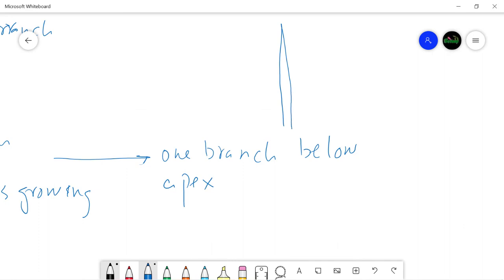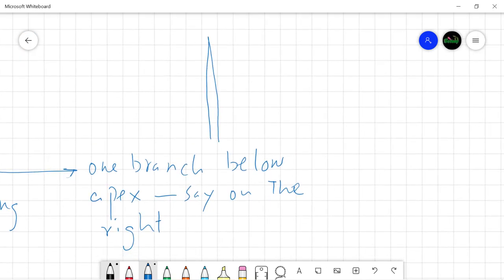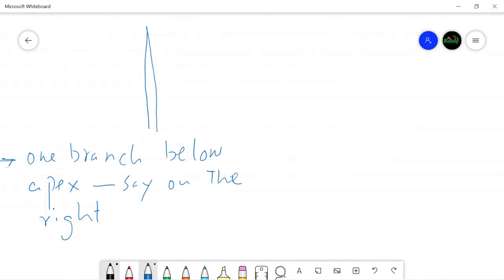Now this branch can be given off either on the right side or on the left side. So say on the right side. You can draw it on the left as well. This is not an obligation, it is not a condition. So the main stem has stopped growing and it has given off a branch on the right side.